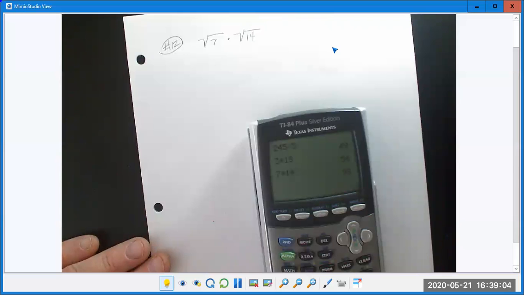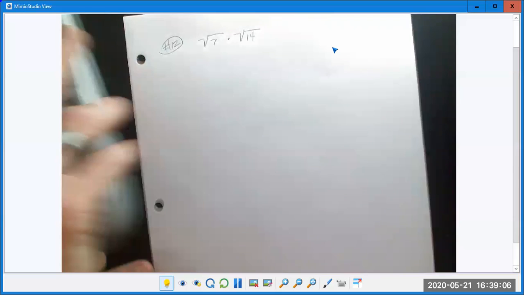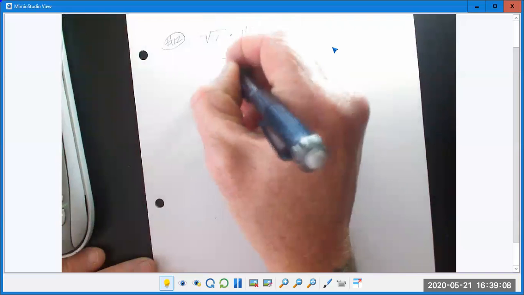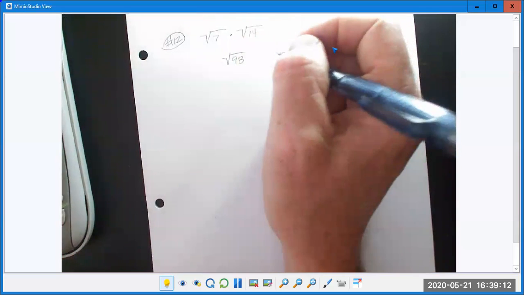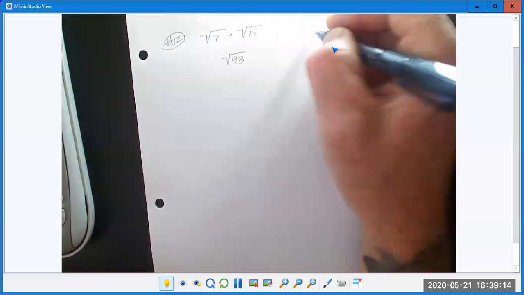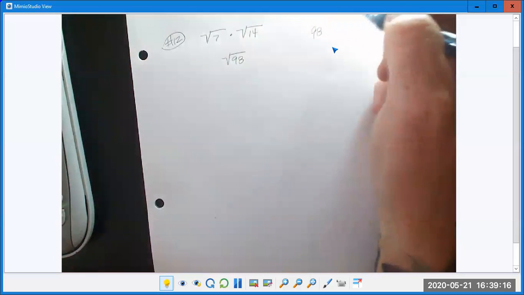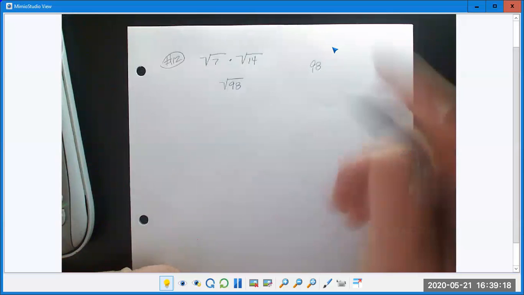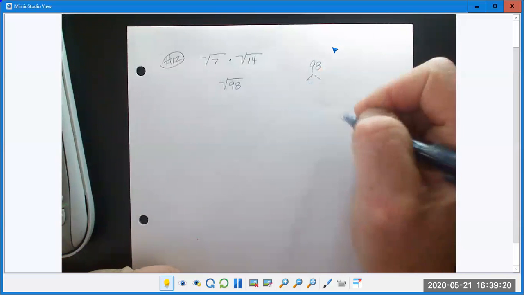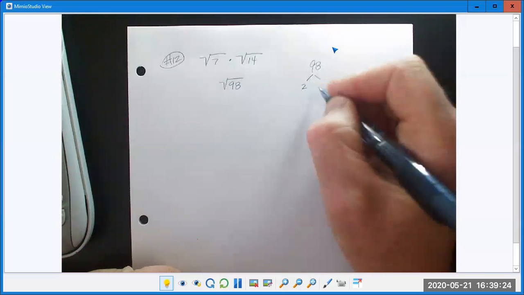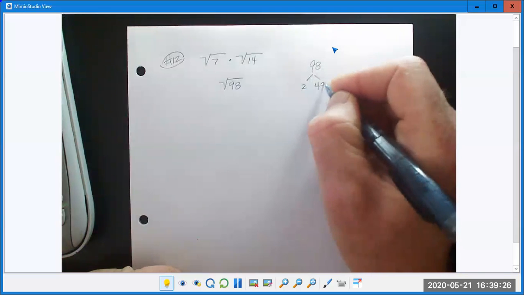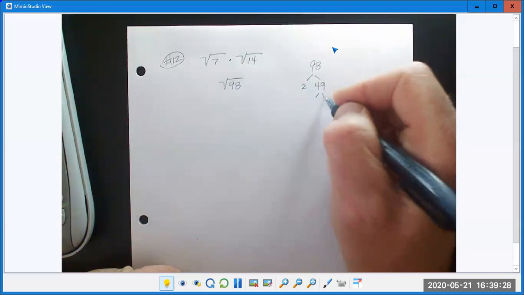It gives me radical 98. All right, 98 breaks down. Do my factor tree. It's an even number, so I can always start with 2. 2 times 49.